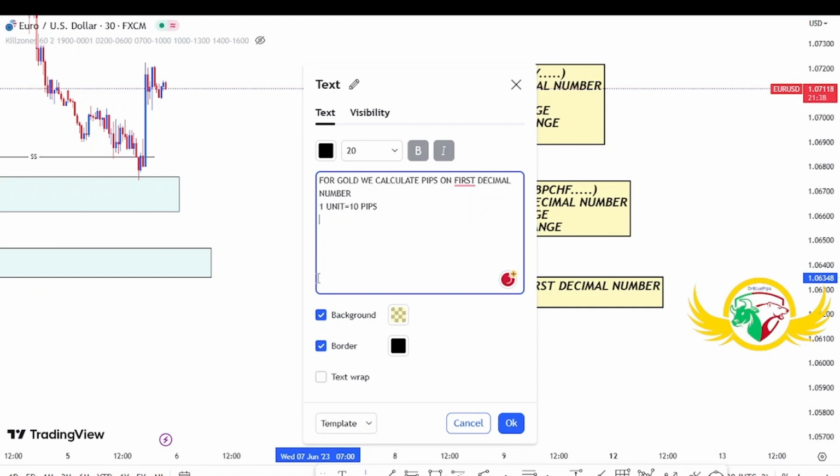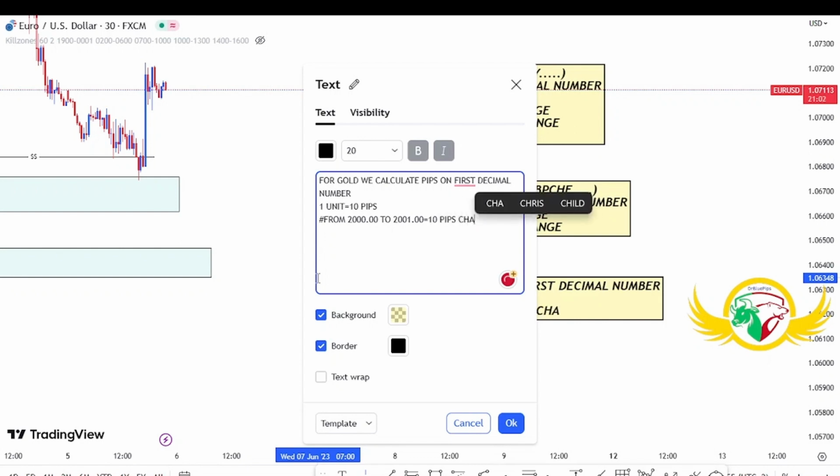What do I mean by this? For example, if gold moves from 2000, normally it has 2 decimal numbers like this, to 2001, this is 10 pips change.